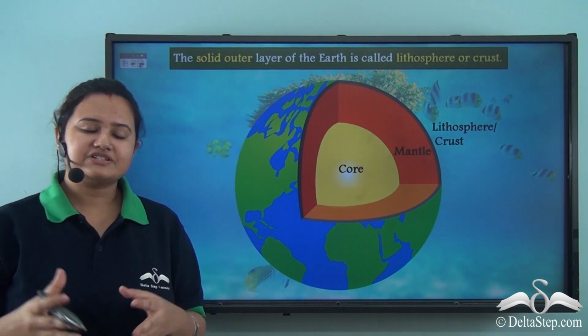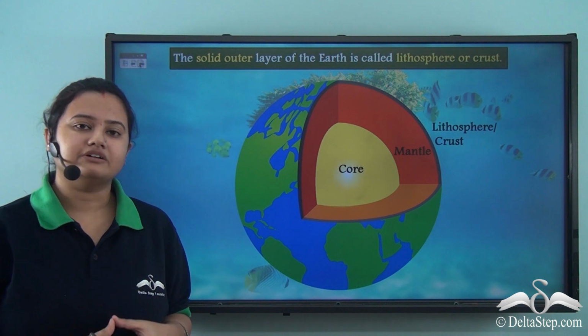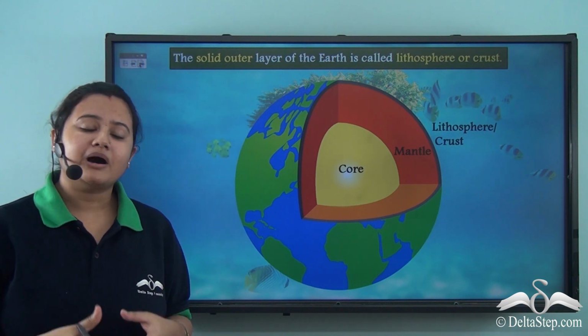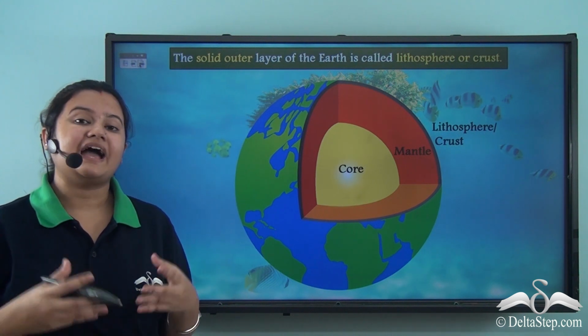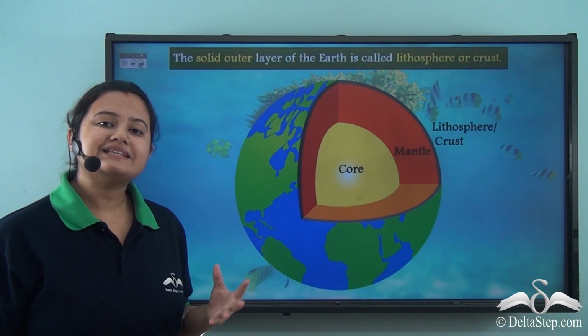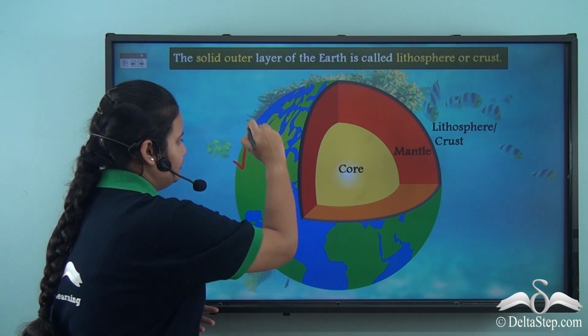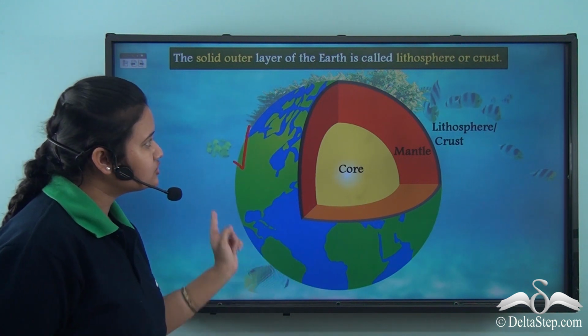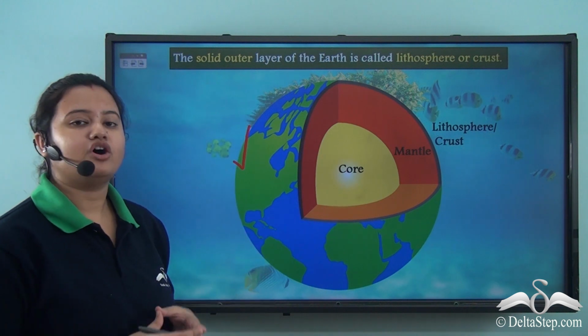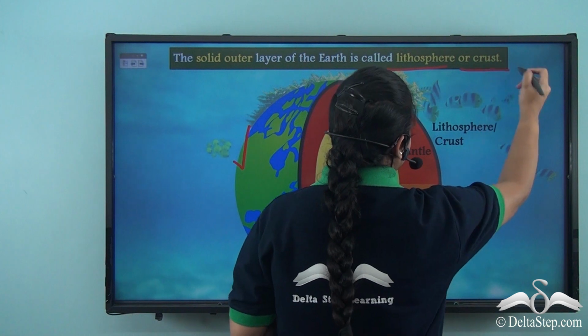So in our previous video, we saw different natural wonders of the earth like hills, mountains, valleys, and even vast oceans and seas. Now, these landforms and water bodies are situated on the earth's surface. And this solid hard outer covering of the earth is known as lithosphere or crust.